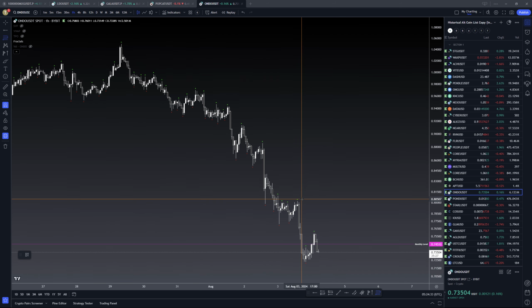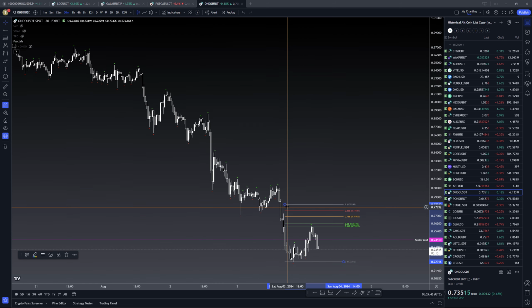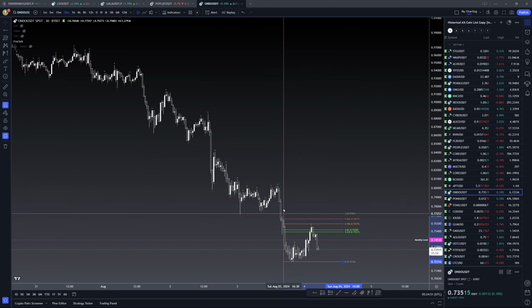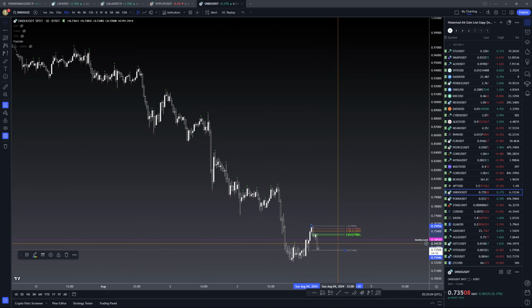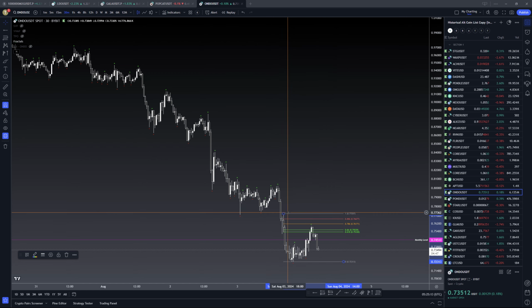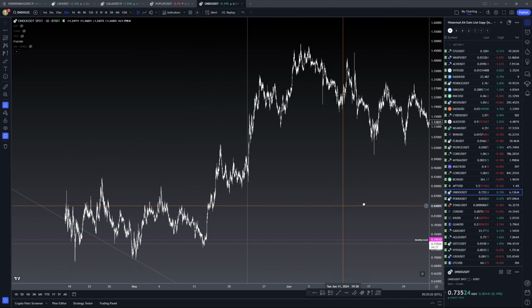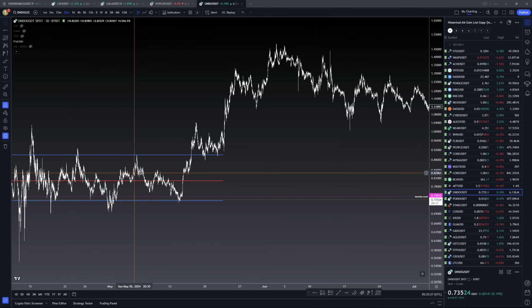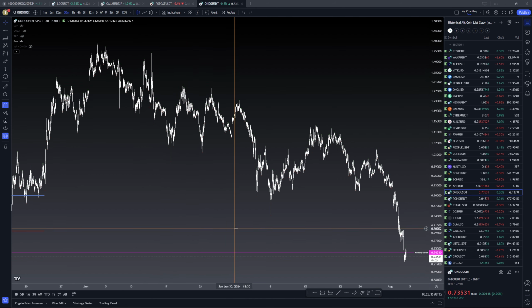It drops. There's probably a CC right here. We could see this thing start going.